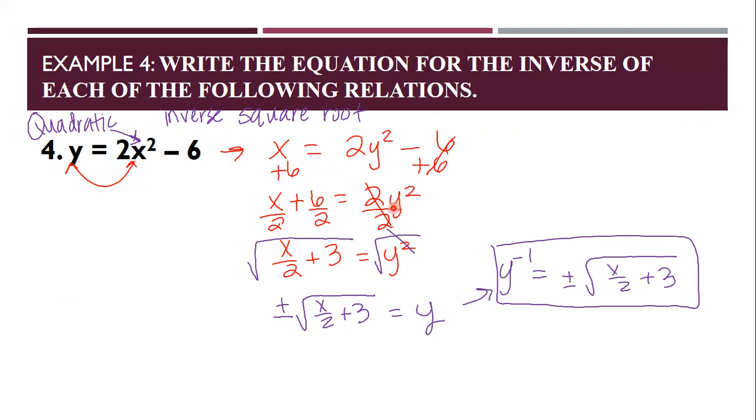We used our inverse operations all the way down. The inverse operation of a square is a square root. We took the square root. When you take the square root, the result is going to be a positive and a negative of the solution. And then we wrote it in inverse notation. Easy? Still with me? Cool, cool, cool.